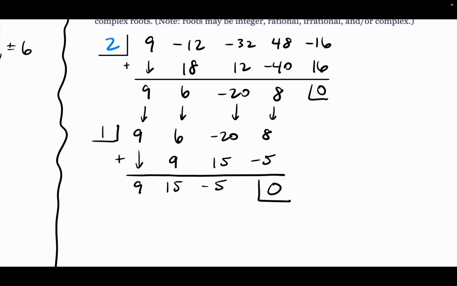No, it's close, but it doesn't work. 4? Let's try 4. Nine, 36, 42. Whoa, that's going to be big. 168. Yeah, see, when you guys start doing this enough, you can see it's not going to work. So then take it off the list.